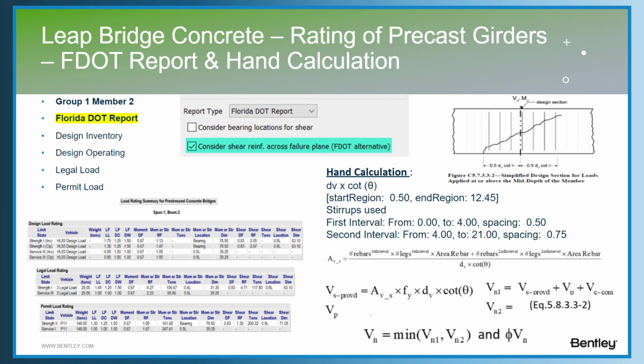Using this total area of stirrups, the shear capacity is calculated for the stirrups. The shear capacity due to concrete is calculated. Then VN1 and VN2 are calculated as per equation 5.8.3.3-2. Then the minimum of VN1 and VN2 is taken, and finally the shear capacity is calculated. This method is quite different from the conventional method, which is as per AASHTO.